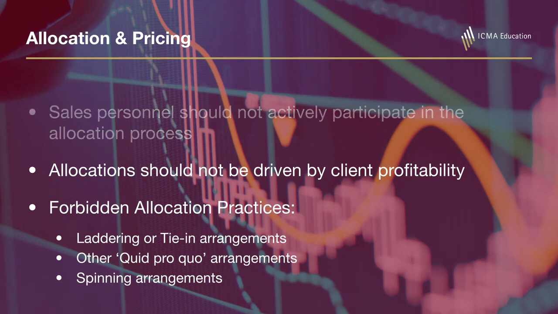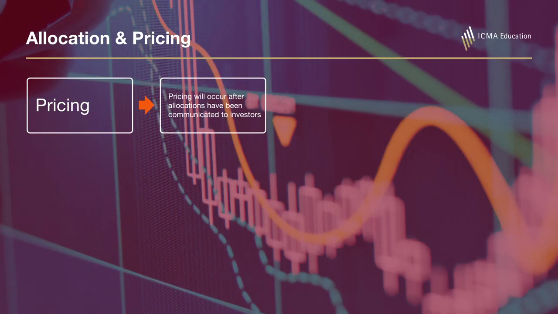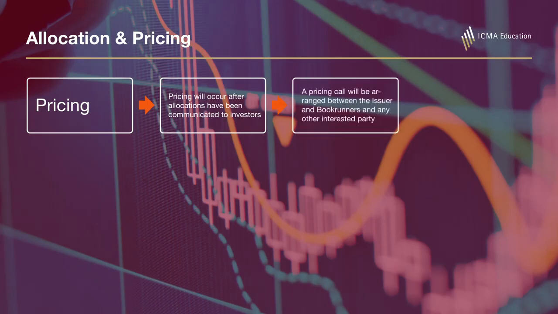So if we look then at the pricing, it will occur after allocations have been communicated to investors. The pricing call will be arranged between the issuers and the book runners and any other interested parties. And this could include a guarantor if there's a guarantor on the transaction.